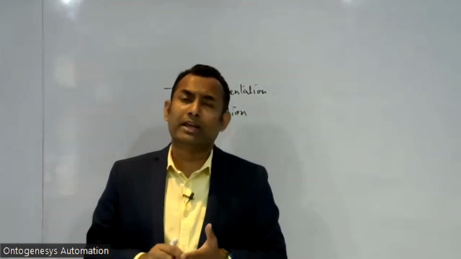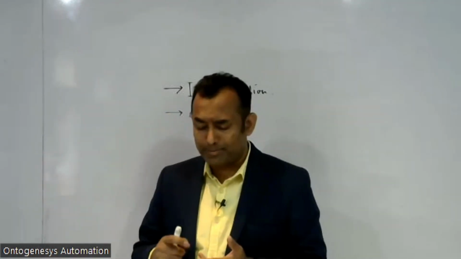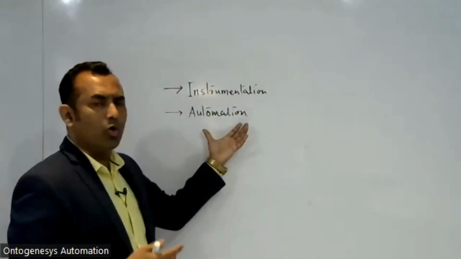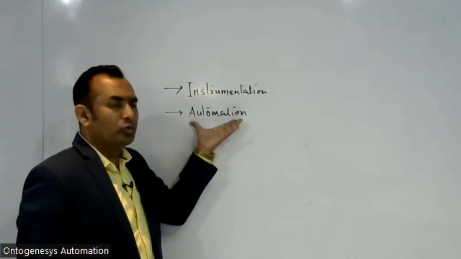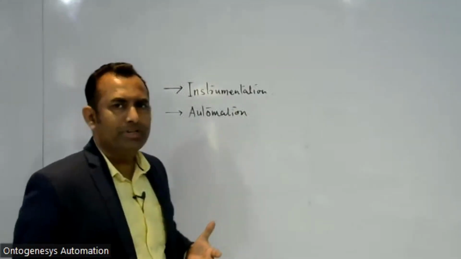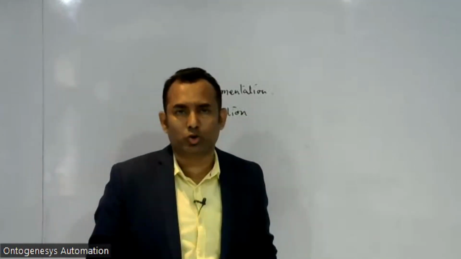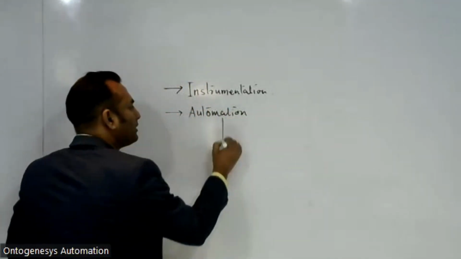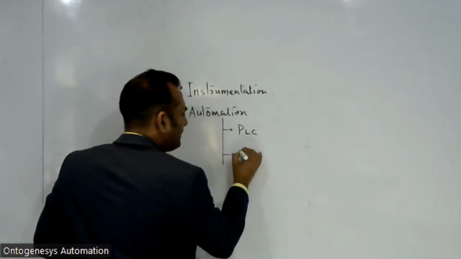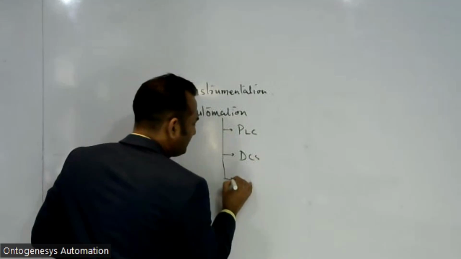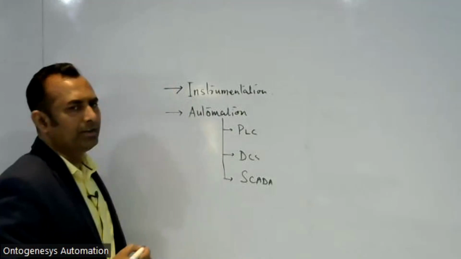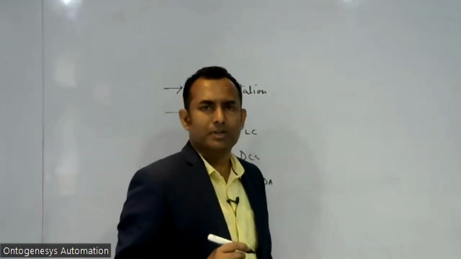Besides them, a large number of motors, pumps, fans, etc. So we have to control all those equipments through automation. When we say automation, it means industrial automation, and that includes PLC, DCS, and SCADA. I am going to cover all three in this course itself.